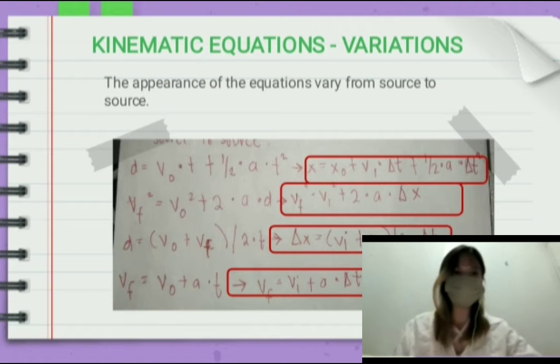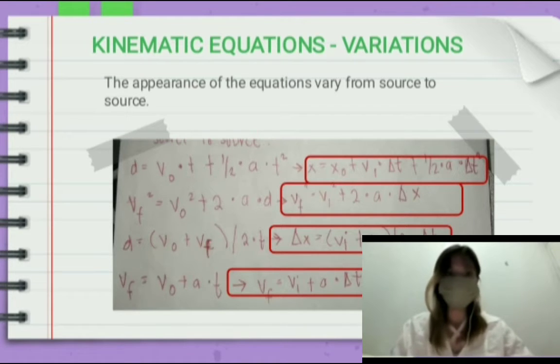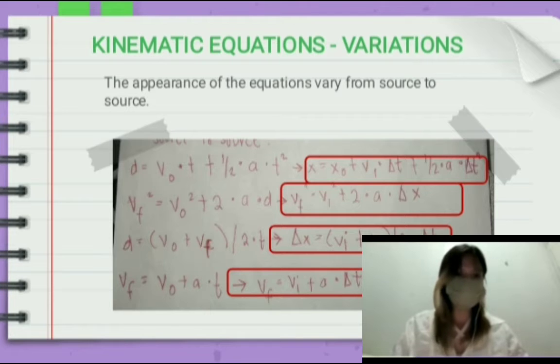For instance, one of the first things that you might notice is that the d that you see in my equation stands for displacement. Other courses, other teachers, and other sources may represent it by a delta x, where delta x refers to the change in position, just like d represents the change in position.